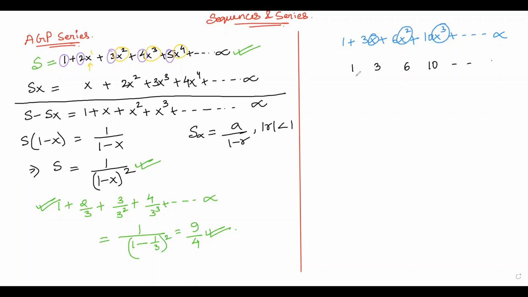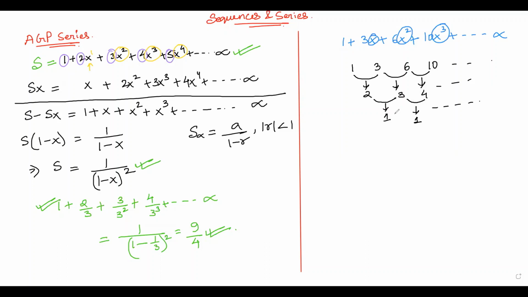And here the difference between the first and second term is 2. The difference between the second and third term is 3. The difference between the third and fourth term is 4 and so on. But the difference of these differences is constant. For example, 3 minus 2 is 1, 4 minus 3 is also 1 and so on.